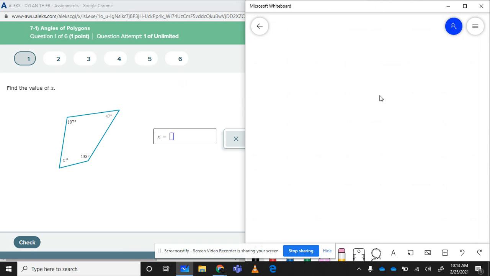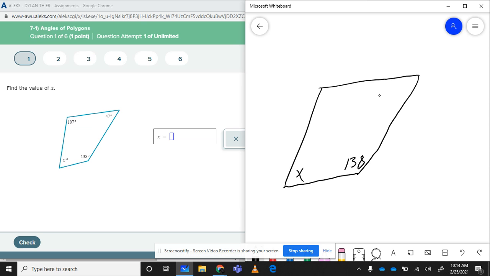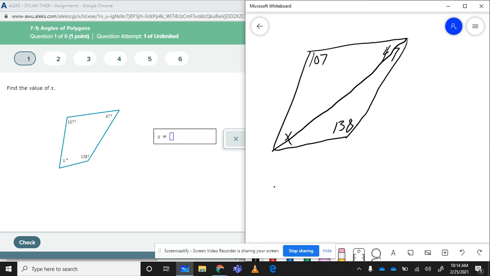Okay, so on the first one here, we've got this 4-sided shape. So we've got a quadrilateral, that's what we'd call it. And in order to find that missing x down here, we need to know what we expect to have in the first place. If I have a four-sided shape, when I cut that into two triangles, I get two sets of 180 degrees, right?